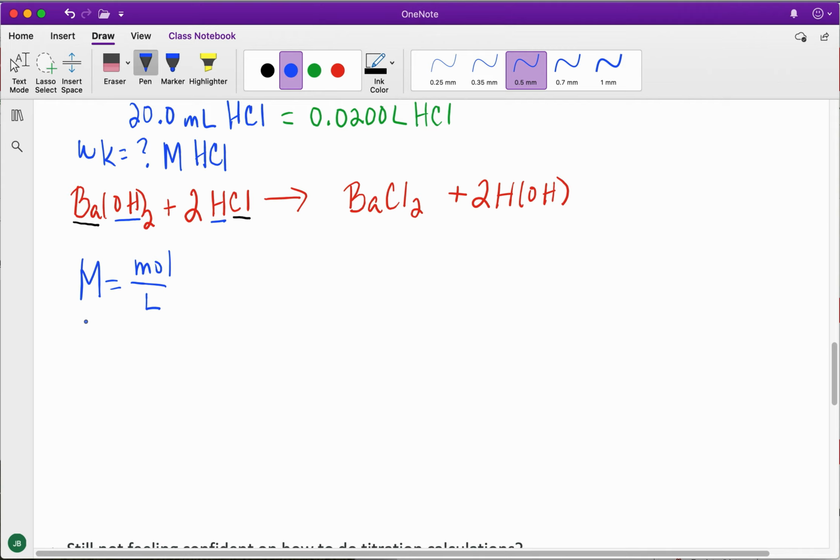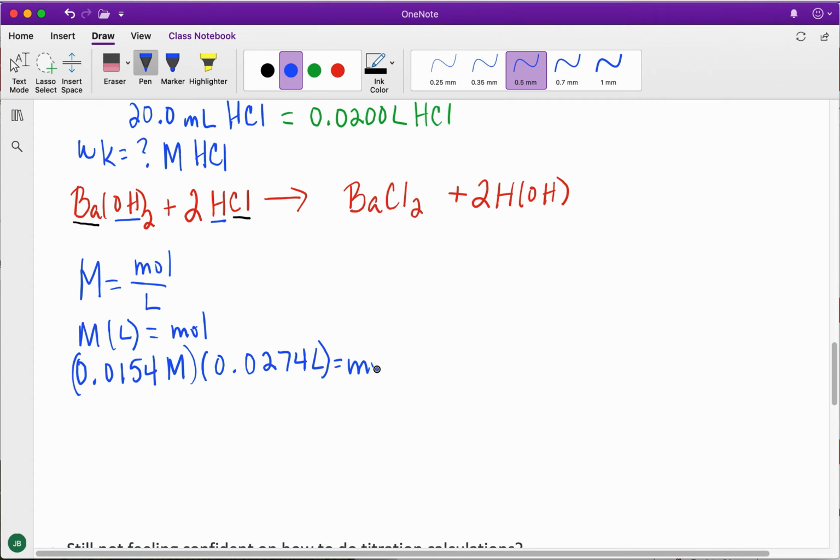So to find the moles of barium hydroxide, that's going to be molarity times liters equals our moles. Let's put our numbers in. That is 0.0154. And our liters is 0.0274 liters. And that will equal our moles of barium hydroxide.